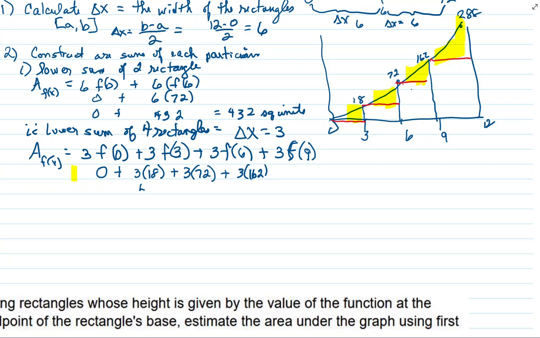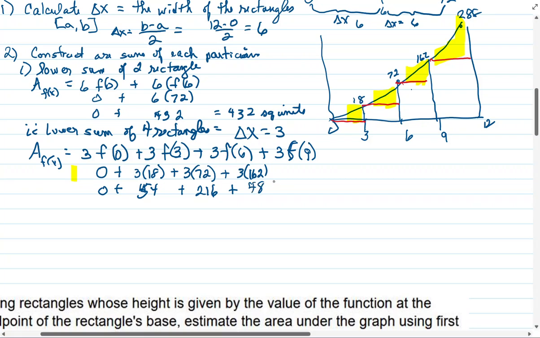Sorry, 54. And 3 times 72. Okay. And 3 times 162. 486. And what is my sum?